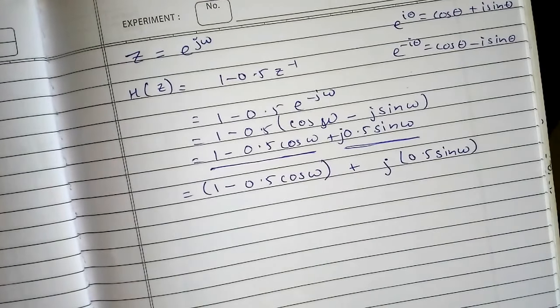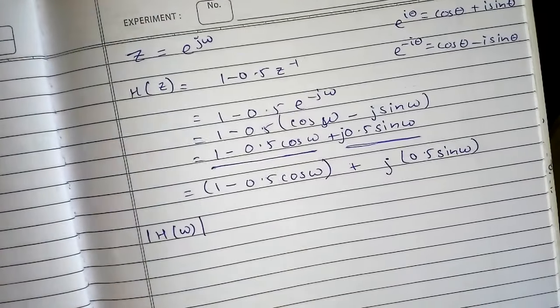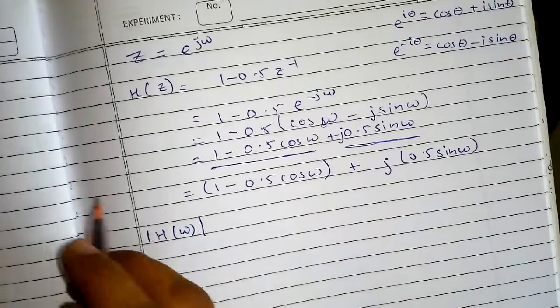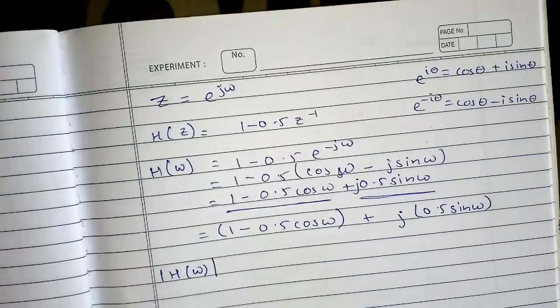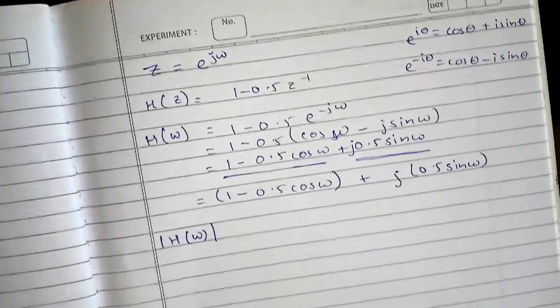Now my magnitude response is nothing but the magnitude of H of omega. And what is this H of omega? Whatever we found out just now, that is my H of omega, because we substituted z equals e raised to j omega.